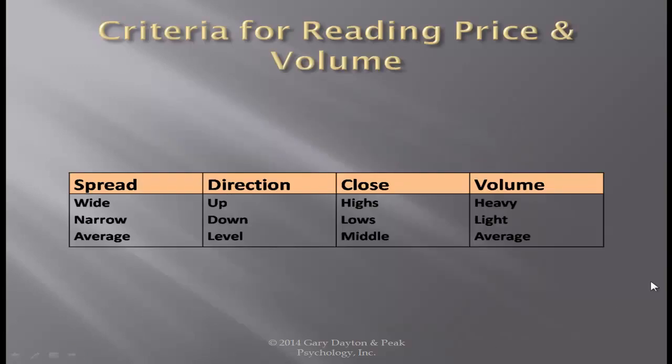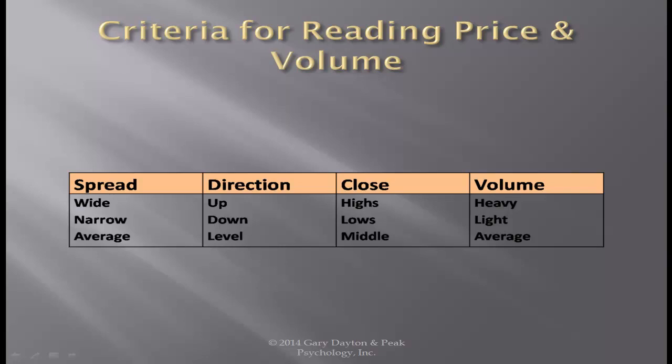Okay, so when we look at price bars, we've got four basic things that we're looking at. We talked about the spread or the range being the difference between the high and the low of the bar. So we can have a wide spread, we can have a narrow range, or we can have an average range or spread.